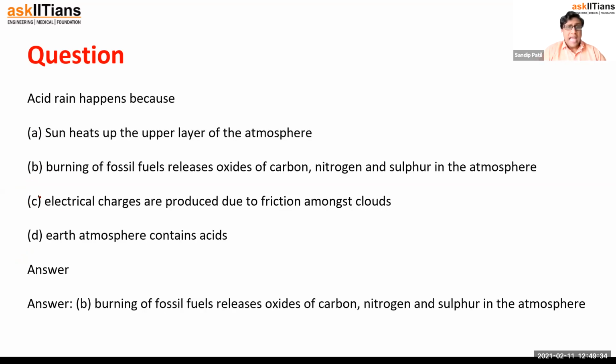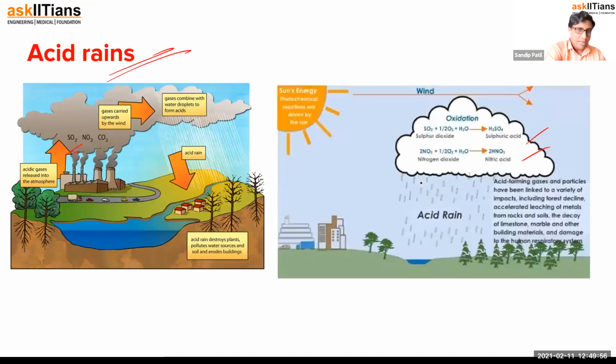Simple. Next, acid rain happens because of, obviously, as we studied, our pollution. Who does the pollution? Humans. Using what? Fossil fuels, meaning coal, oil, petrol, diesel, natural gas, etc., right? And those fossil fuels release the oxides of carbon, nitrogen, and sulfur. We have seen in this diagram, SO2, NO2, CO2 are there.